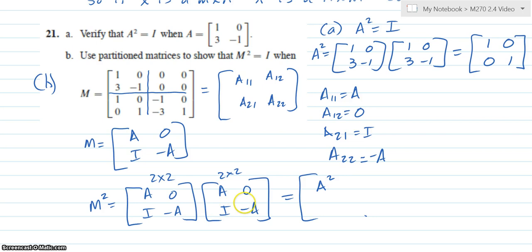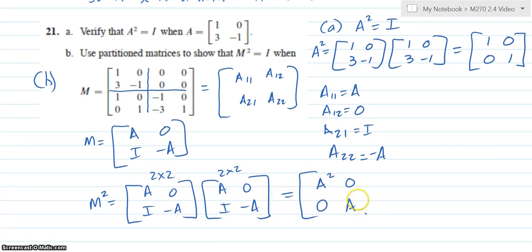First row, first column, that's A squared. Here we're going to have a 0 with a 0, so that's just a 0. Here we're going to have IA with a negative AI. Both of them are A with a negative A. And then finally, we're going to have a 0 with an A squared. But we just showed that A squared was the identity. So that's like an I2, isn't it?